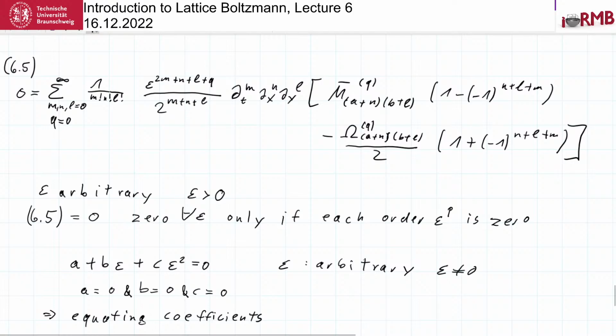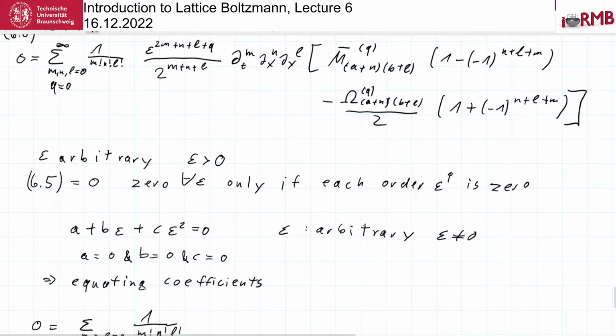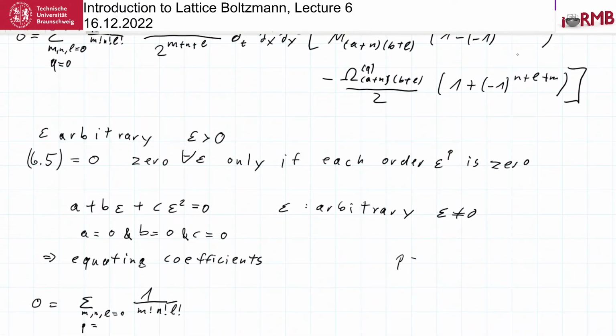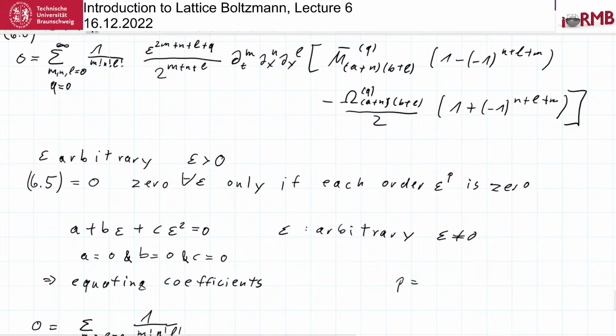Okay, so we have an order p of the equation, meaning that p is 2m plus n plus l plus q.